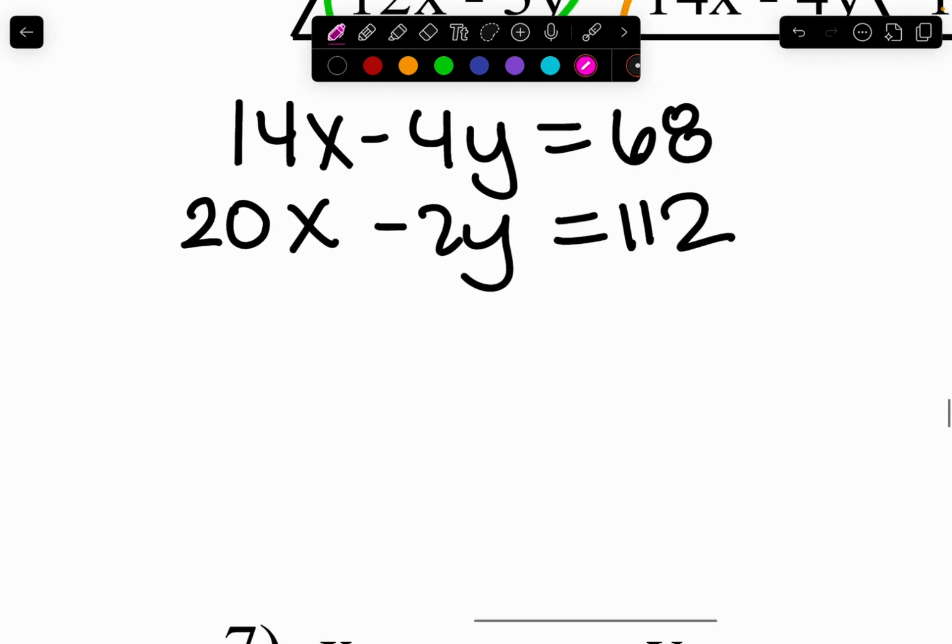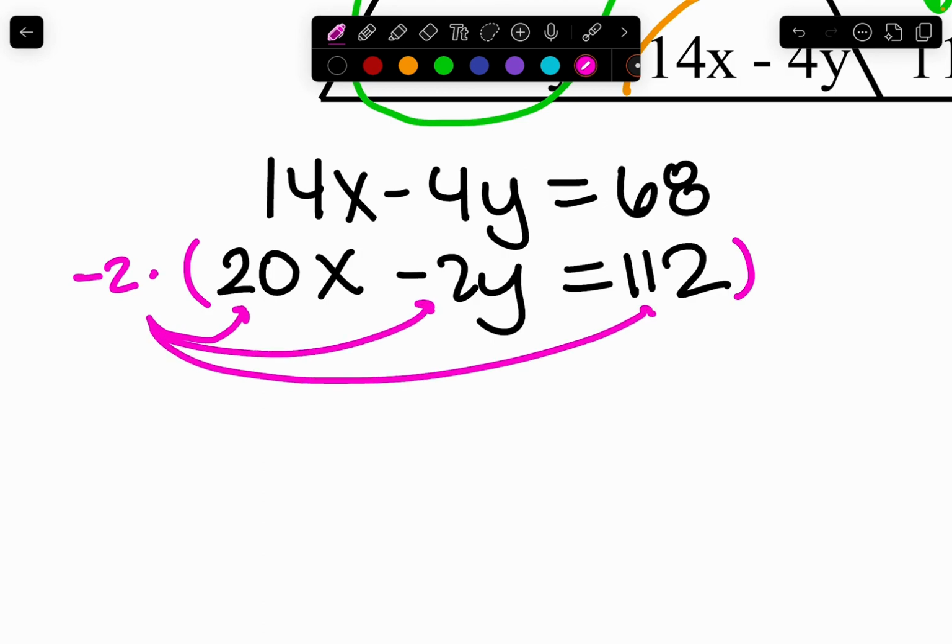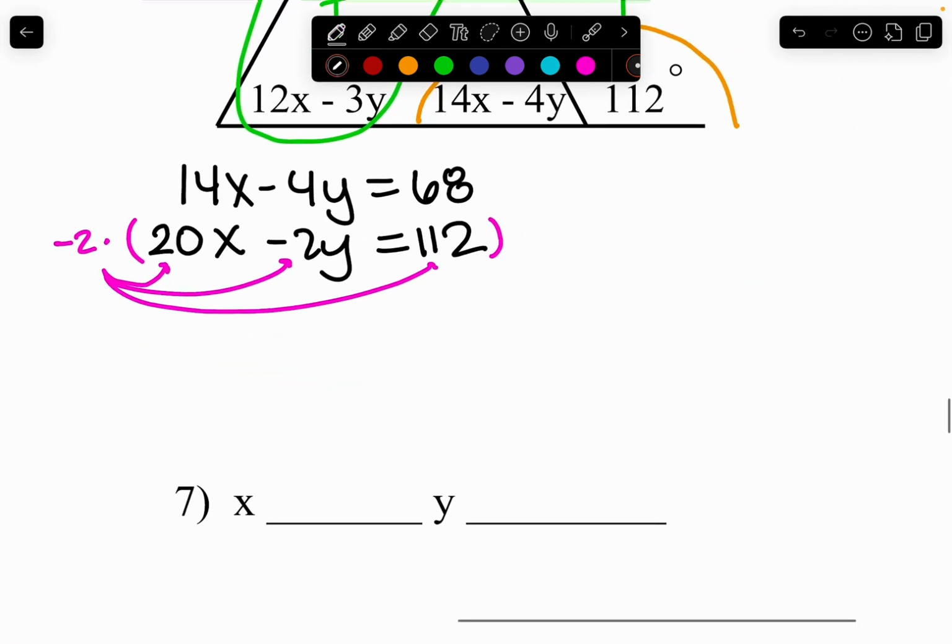As a reminder, we're going to solve our systems using elimination. I'm going to make this bottom equation get multiplied by negative 2 so that I can cancel out my y's, but I need that bottom y to be a positive 4. So we have 14x minus 4y equals 68.